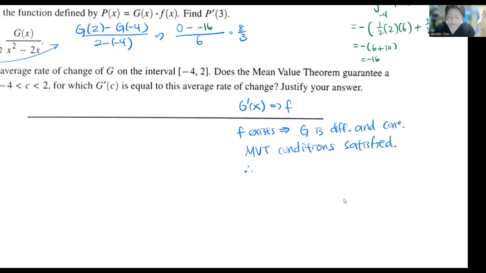Therefore, is it guaranteed? Yes. There exists a c such that g prime of c is going to equal this average value, 8/3. Okay? All right, that's it.